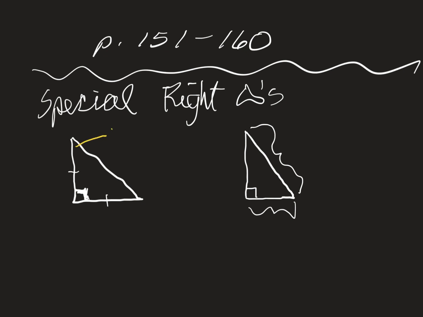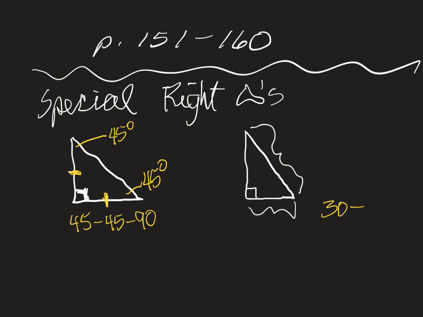The angles were 45 degrees, and we called this a 45-45-90 triangle. That was the one that was isosceles. It had two equal legs. And this one, do you remember this one now?